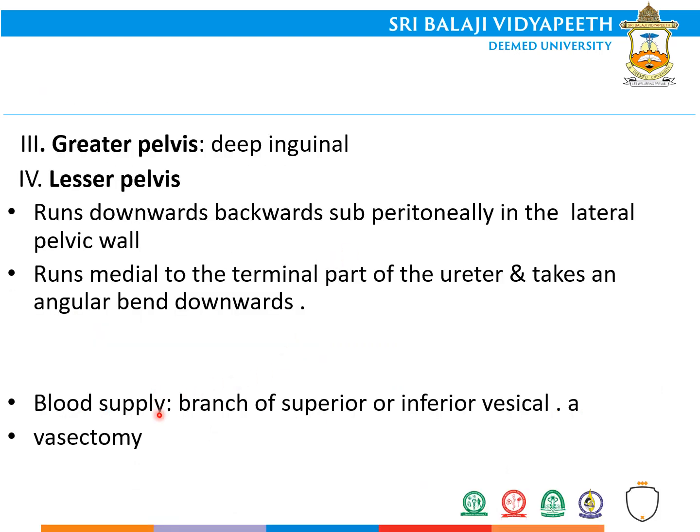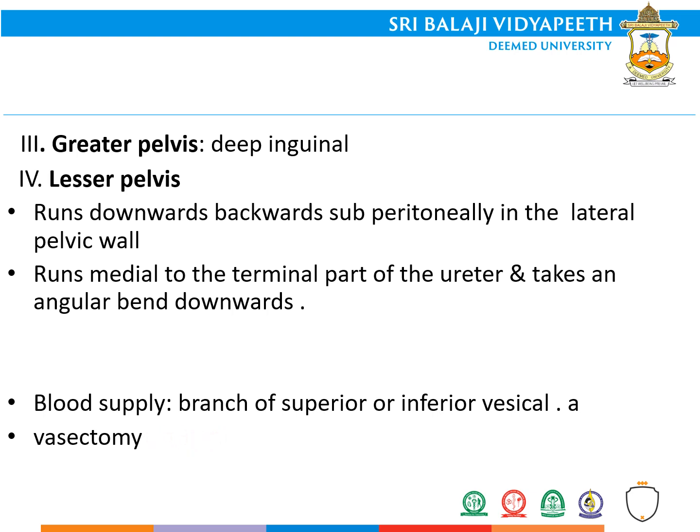So coming to the blood supply, the vas deferens is supplied by a branch of the superior or inferior vesical artery, which is a branch of the internal iliac artery. And vasectomy is the procedure in males, which is one of the ways for sterilization and a permanent method, and a daycare surgery.